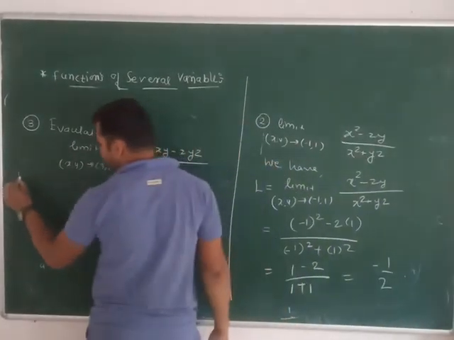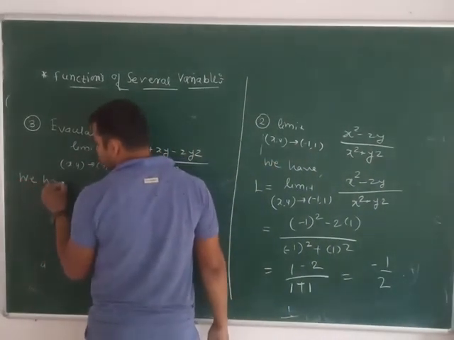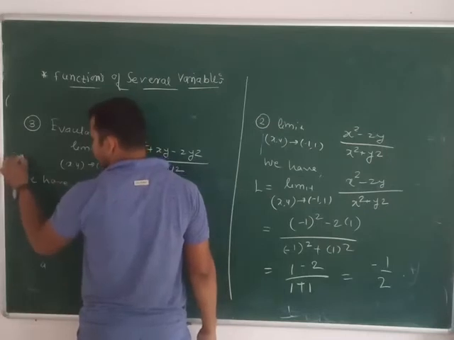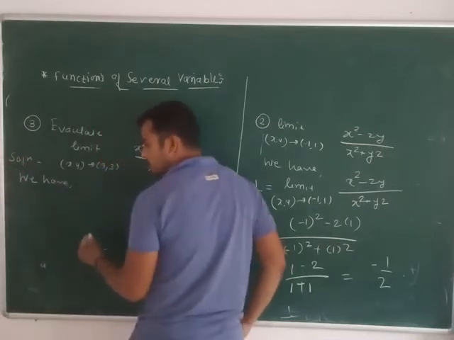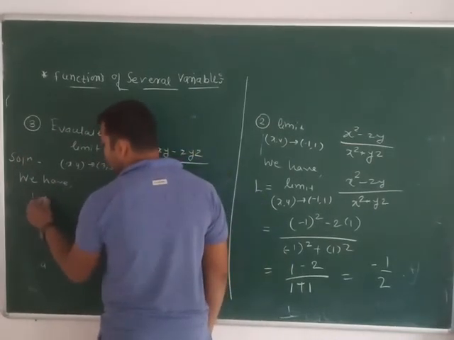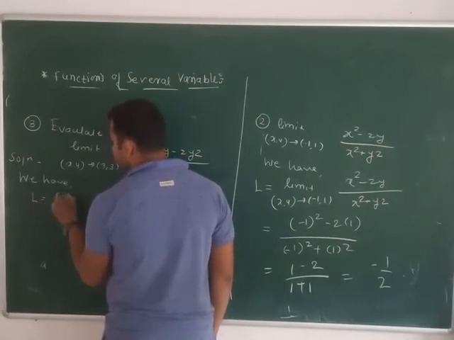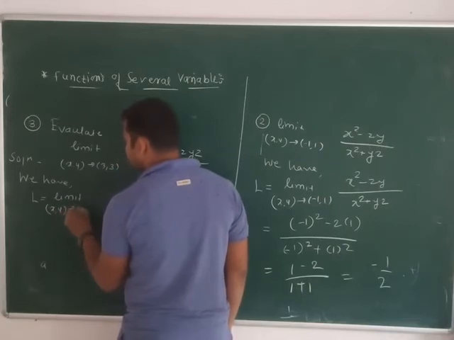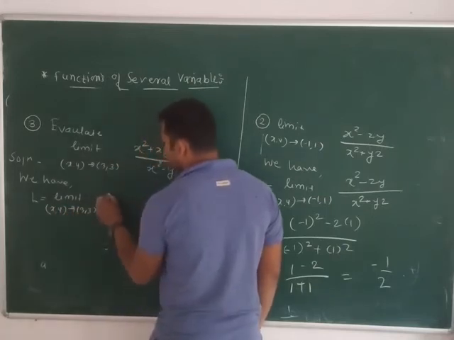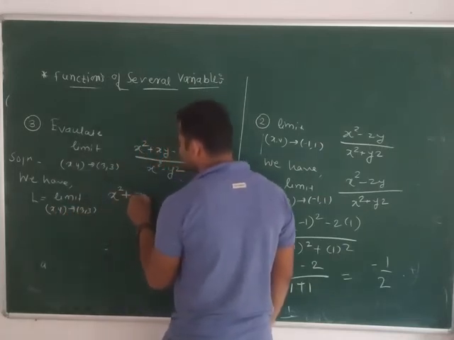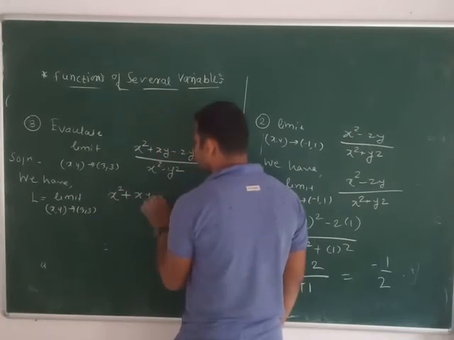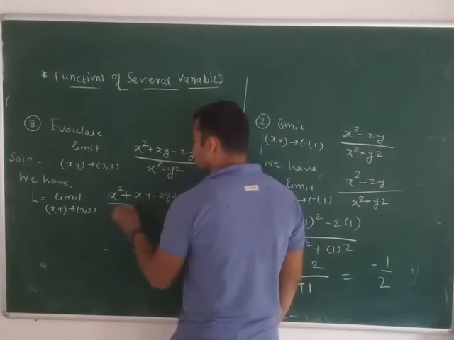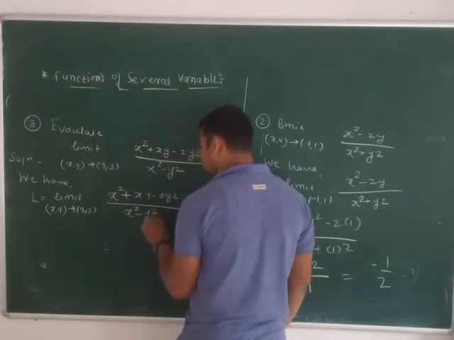We have L is equal to limit (x, y) tends to (3, 3) of the function x square plus xy minus 2y square divided by x square minus y square.